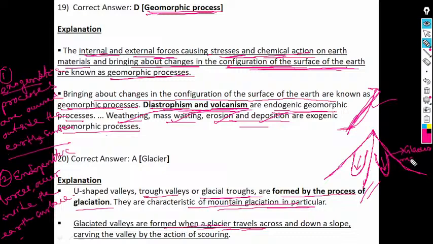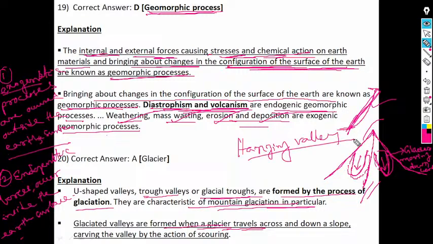Here the space is created and the valley is left hanging, in three dimensions also. So this creates a hanging valley. It looks as if the valley is hanged. This is the downslope movement of the glaciers, which eroded the walls, meaning the mountains, carving the valley by the action of scouring.